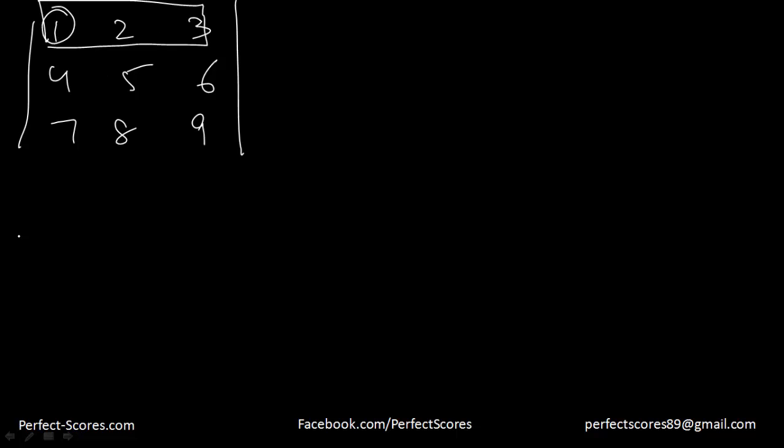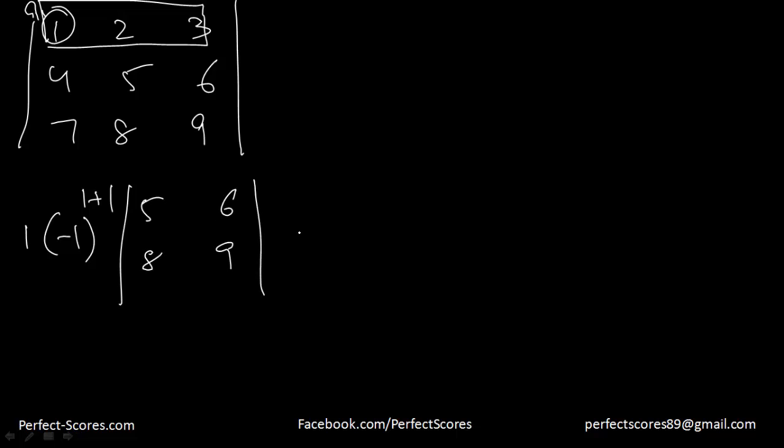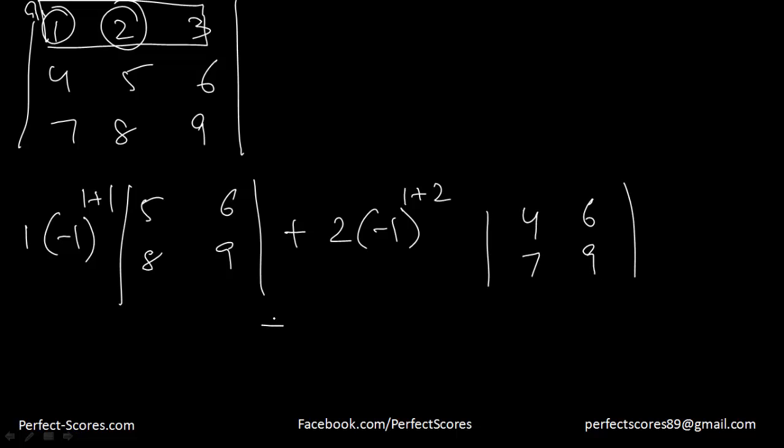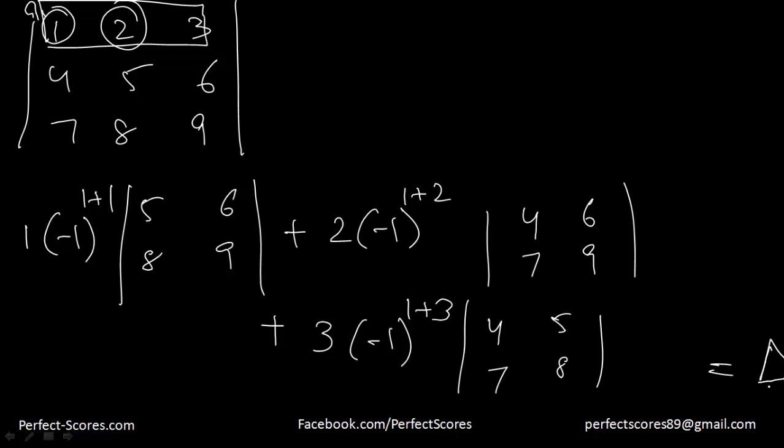So I fix up 1 into negative 1 raised to the power 1 plus 1, because this is A11, into the determinant of 5 6, 8 9, plus I'm going to fix up this 2, so that is 2 into negative 1 raised to the power 1 plus 2, into the determinant of 4 6, 7 9, plus 3 into negative 1 raised to the power 1 plus 3 into the determinant of 4 5, 7 8. Whatever I get, I'm going to get as the answer. I suppose you're understanding this point, guys.